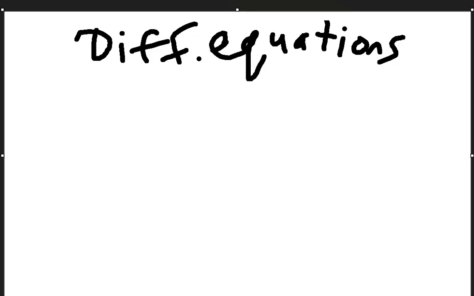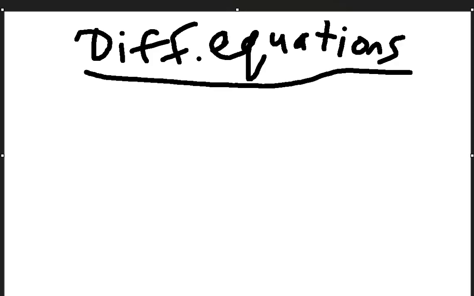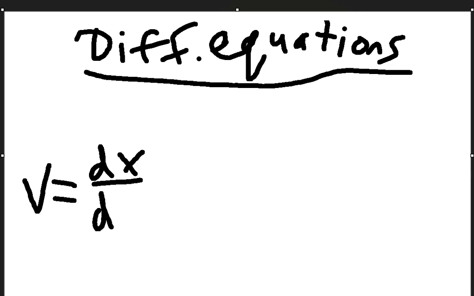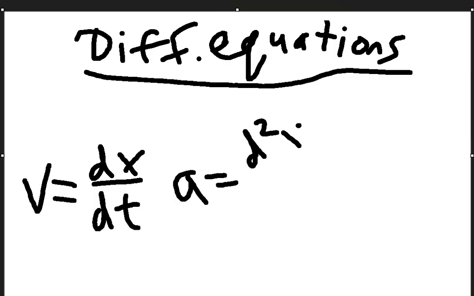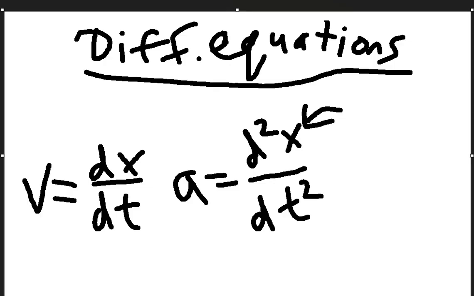So differential equations, we kind of just saw an example of it, but basically v is equal to dx over dt, and this is a little bit of notation here as well, but acceleration is equal to d squared x over dt squared. And this, just like this notation here, means you take the derivative twice.